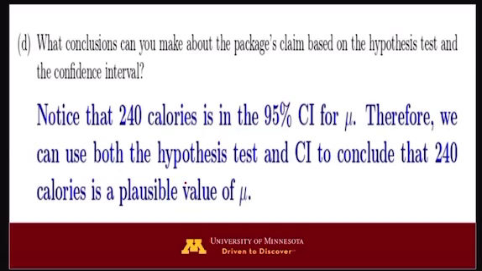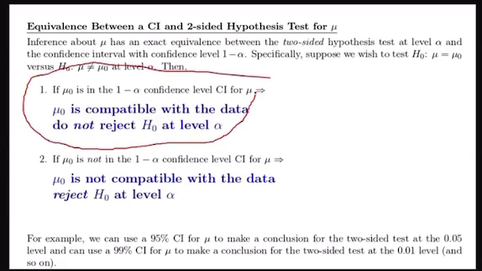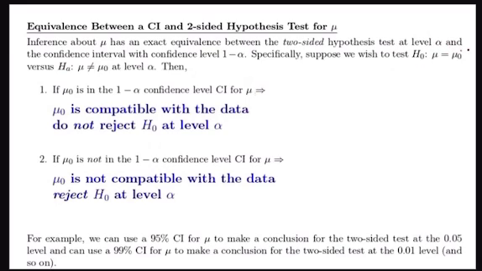Now, because of that, please pay attention to this. If I am testing the null hypothesis, that the value of a parameter is assumed to be a particular value, against the alternative, like I'm testing this against this, don't forget, I have a two-sided test, right?